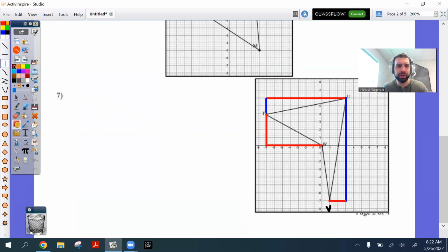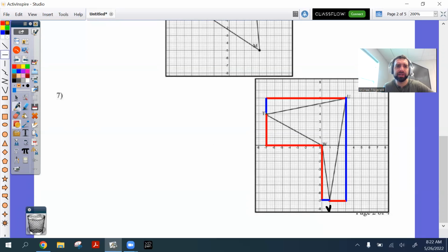We've got two more to make. Right there. Right there. Okay, so now what I'm going to do is write down all these measurements.